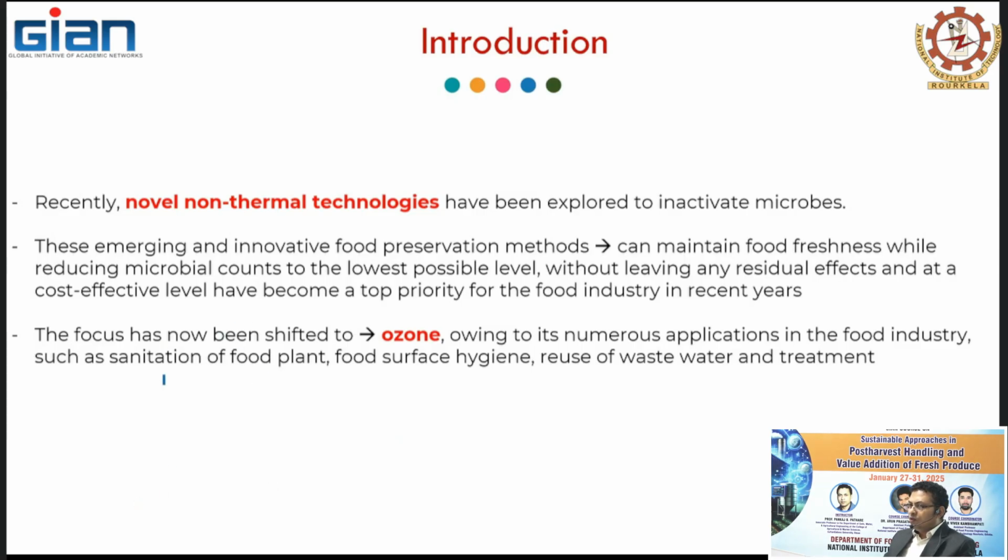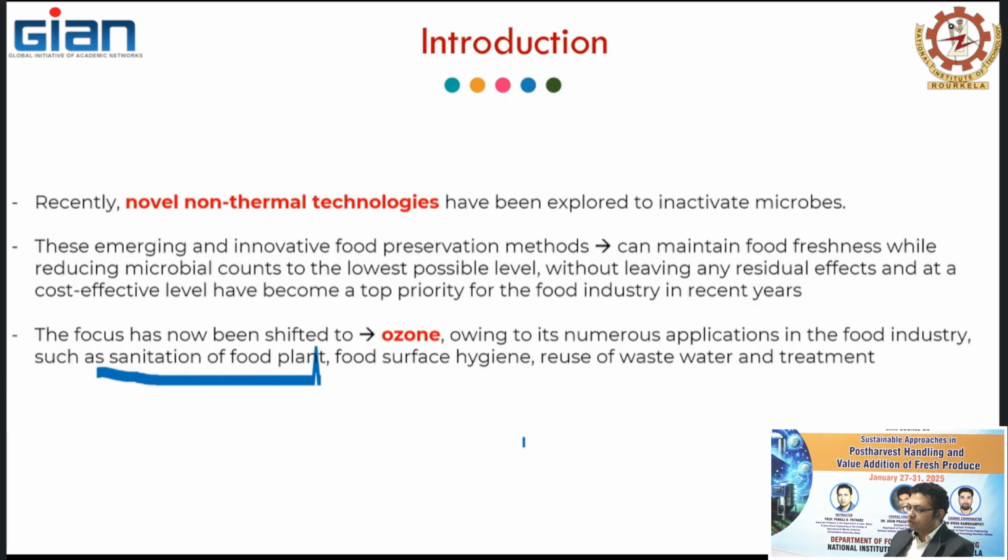Nowadays we have discussed cold plasma, irradiation and other parts, and today we are looking at techniques with ozone. Ozone has applications in food preservation, works like a sanitizer for food plant products, and is commonly used in industry for wastewater treatment.